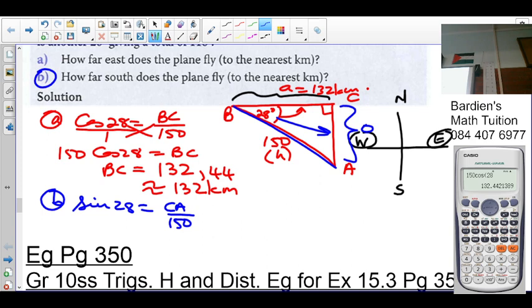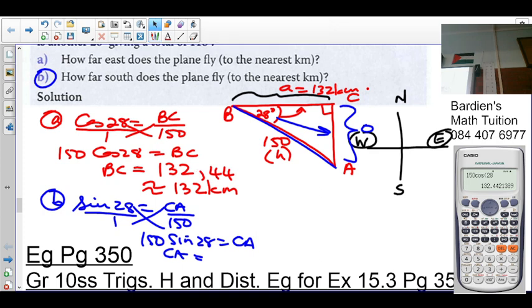So what do we do? Over 1. So what do we do? Cross multiply. So 150 times sine 28, 150 sine 28 is equal to CA. So CA is equal to 150 sine 28, which gives you 70.42.